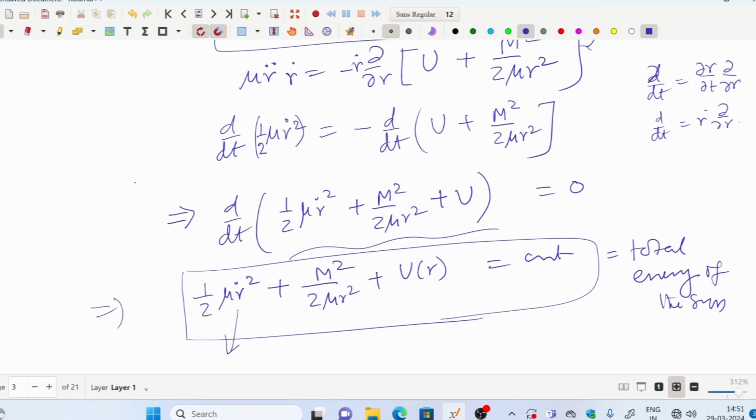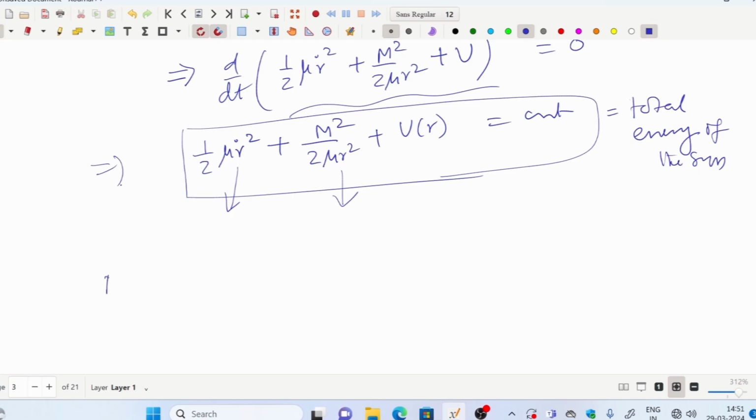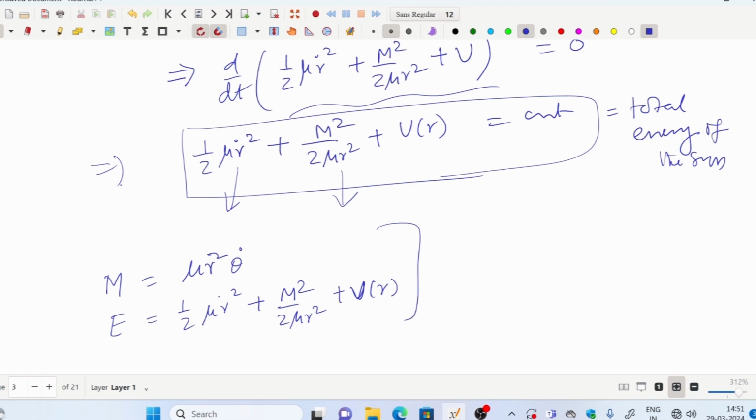Because this is the kinetic energy, this is appearing due to the conservation of angular momentum, and this u is the potential energy. So this is the total energy. So far we obtain that angular momentum is conserved, m equal to mu r square theta dot, and E equal to half mu r dot square plus m square by 2 mu r square plus u of r. So two equations of motion.